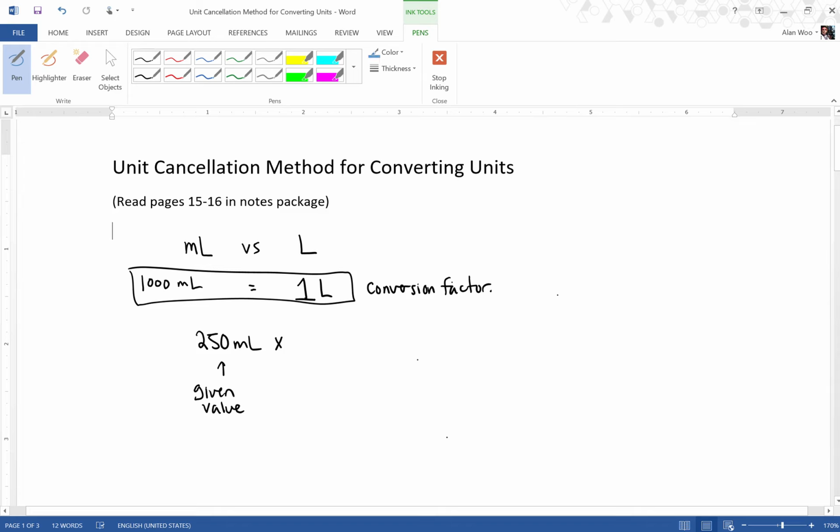The conversion factor is 1,000 milliliters equals 1 liter. If I set it up like this, I want to cancel out the unit of milliliters, so I'm going to write the conversion factor as a fraction and have milliliters on the bottom here, because 1 liter equals 1,000 milliliters.